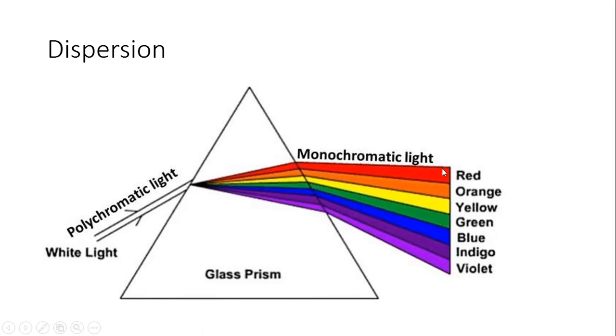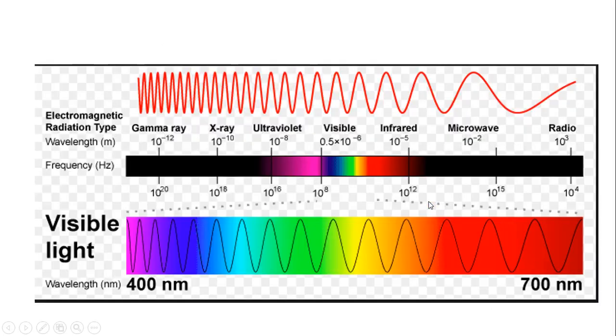Mono means one and poly means many. And when light passes through the air and enters the glass medium and then exits, it becomes like this. But why? So first you need to know what waves are.